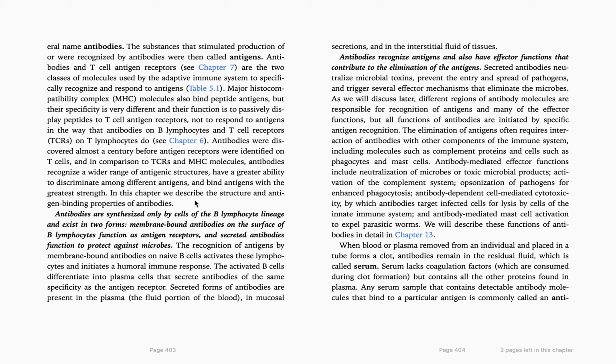In this chapter, we will describe the structure and antigen binding properties of antibodies.